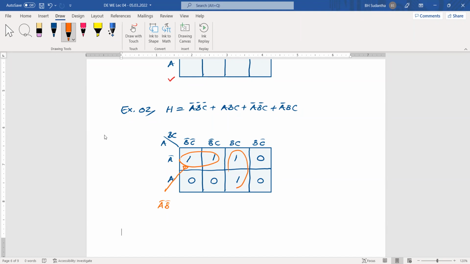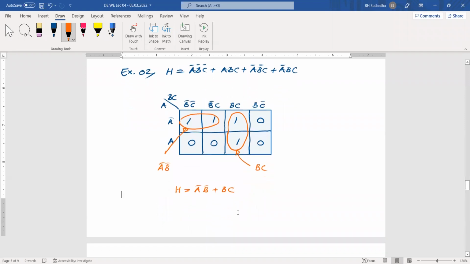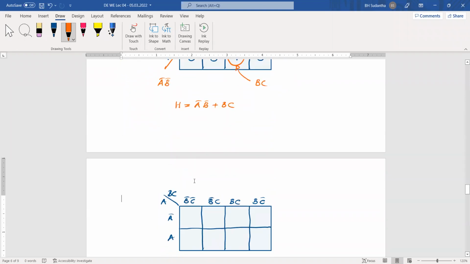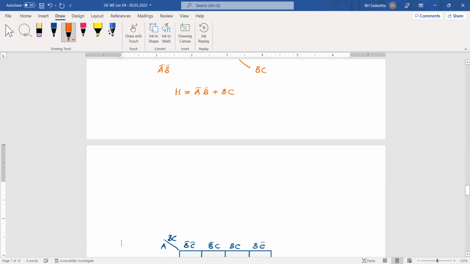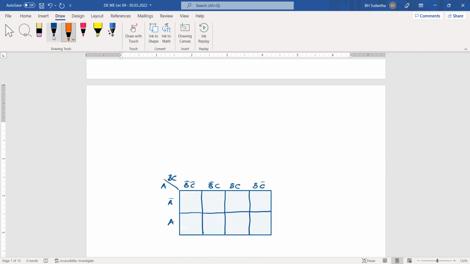Okay, here we can cover the entire BC column. The name for this one is BC. Okay, then the minimized equation is H equals A bar B bar plus BC. Then we can try this one if you're okay with this.